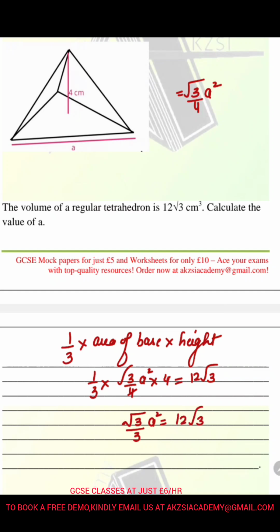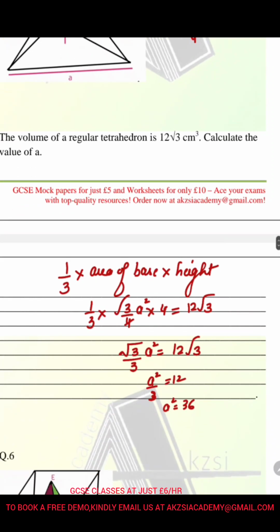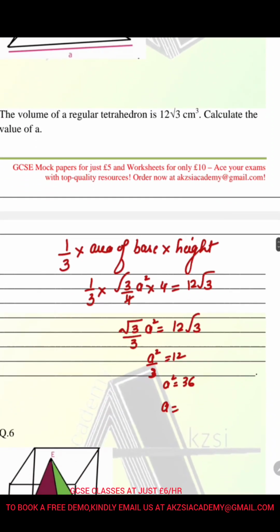Now I can cancel out root 3 from both sides. It will be A squared by 3 equals 12, and A squared equals 36, and finally taking the root, it will be plus or minus 6. But as I told you, we cannot take a negative value as a dimension. So the answer is 6. So the value of A is 6 centimeters.